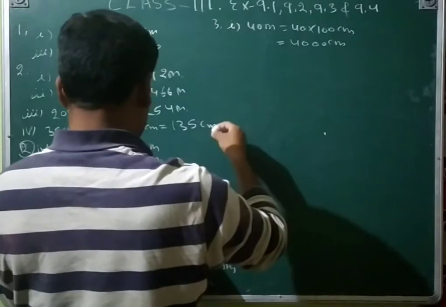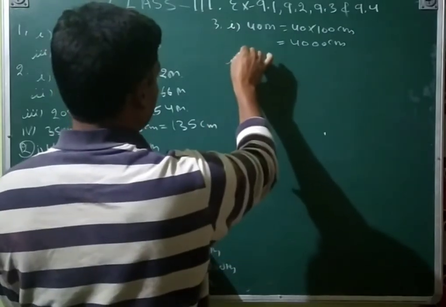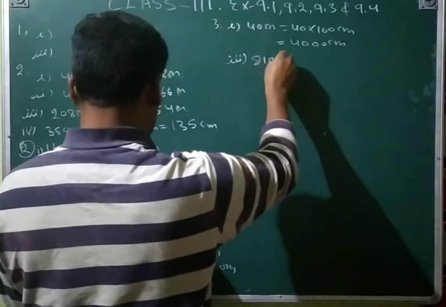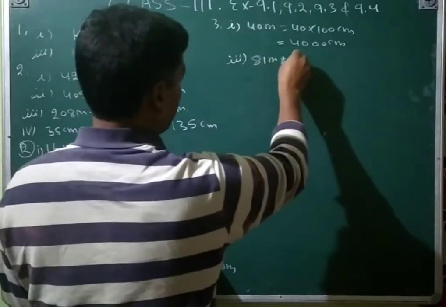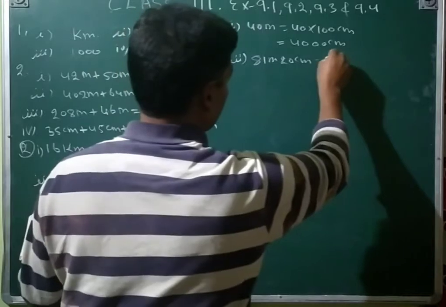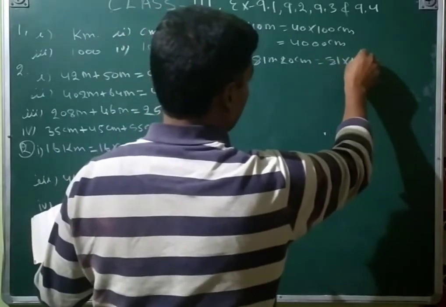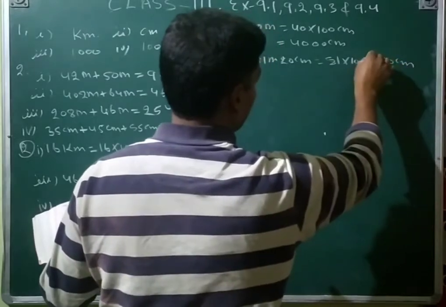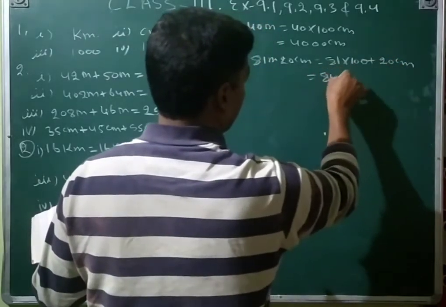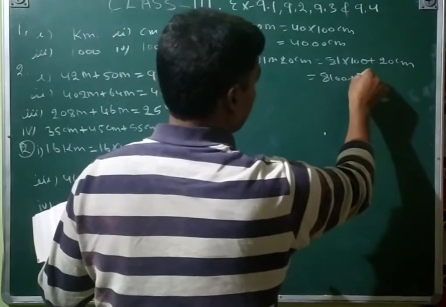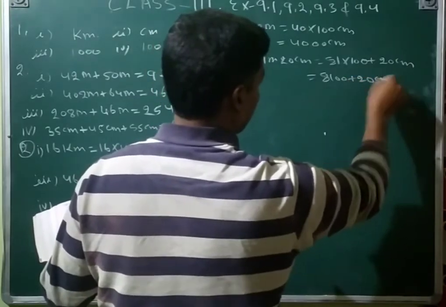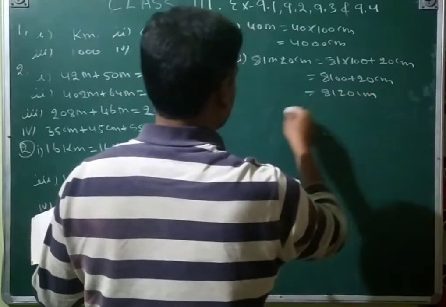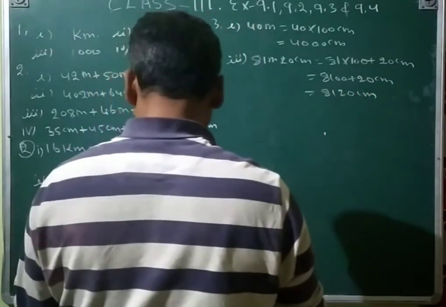And then the second part you will do at home. 81 meter 20 centimeter is equal to 81 into 100 plus 20 centimeter. So that is 8100 plus 20 centimeter. So 8120 centimeter.